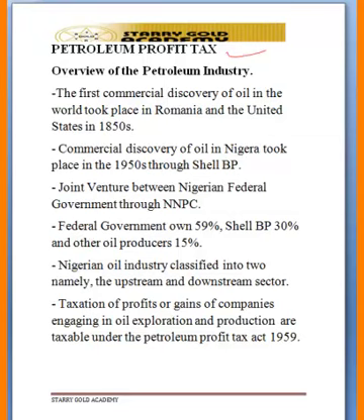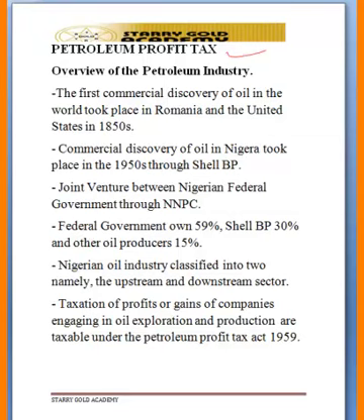The joint venture has it that the federal government owns 59%, Shell, British Petroleum, BP, owns 30%, and other oil producers own 15%. Joint venture was entered into to allow the extraction and exploration of oil.